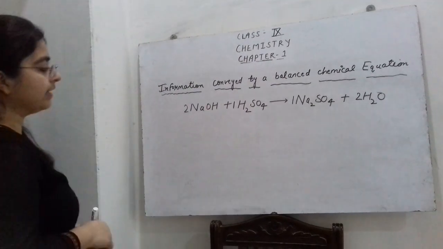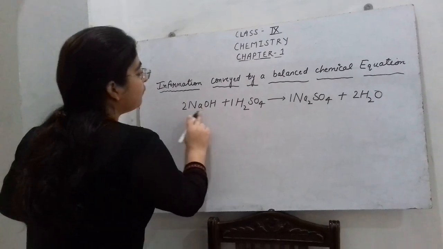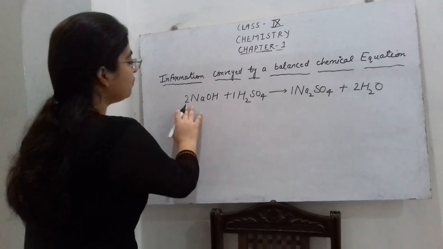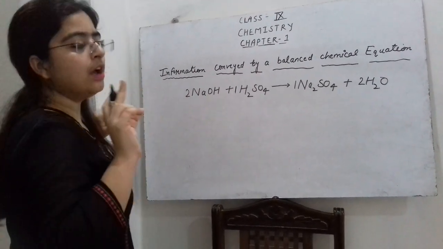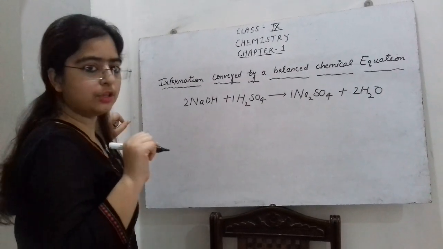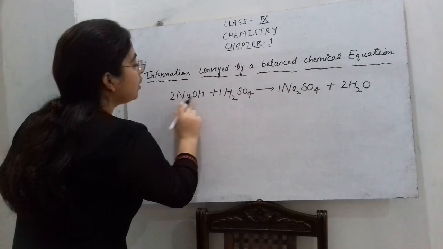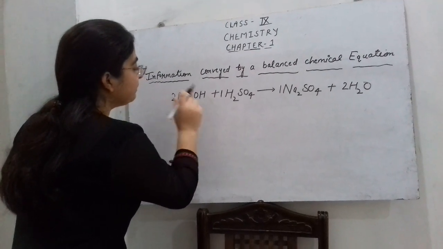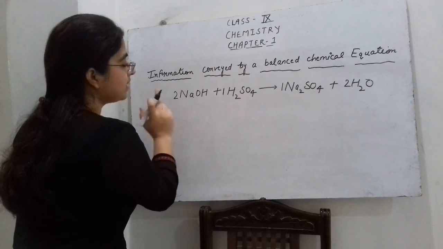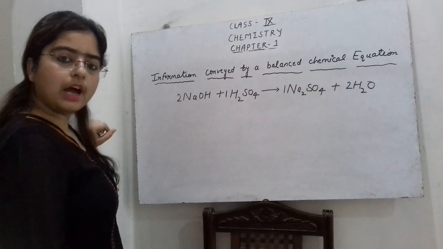So you can see here that in 1 molecule of sodium hydroxide, though here 2 molecules are present, for writing the chemical composition of a molecule we will take only 1 molecule. So in 1 molecule of sodium hydroxide, there is 1 atom of sodium, 1 atom of oxygen and 1 atom of hydrogen.